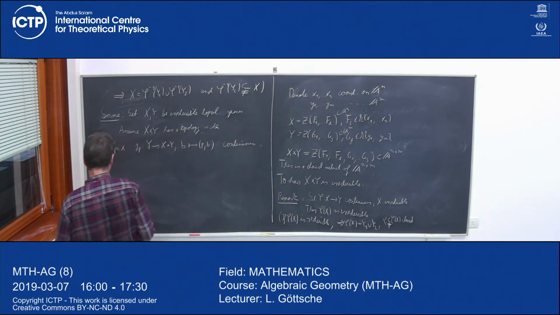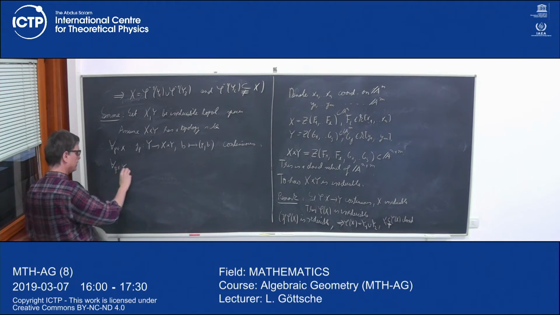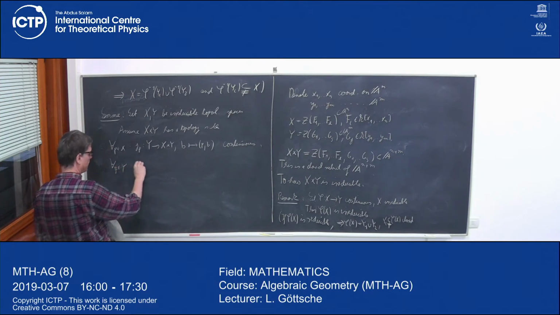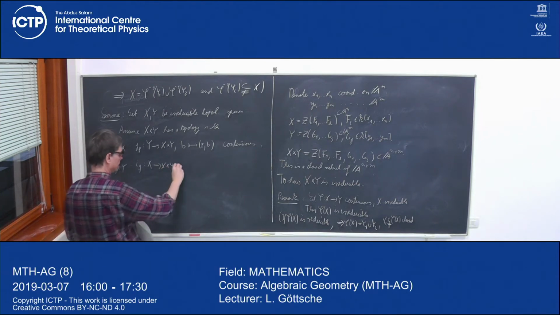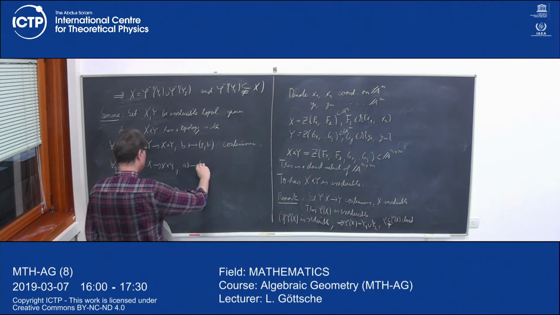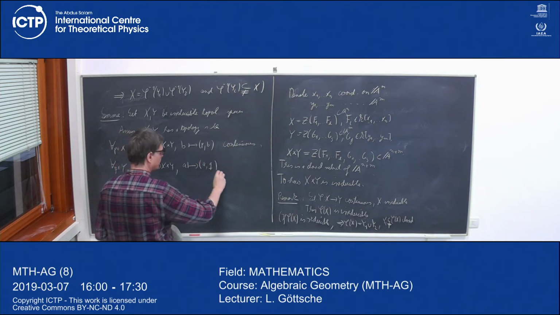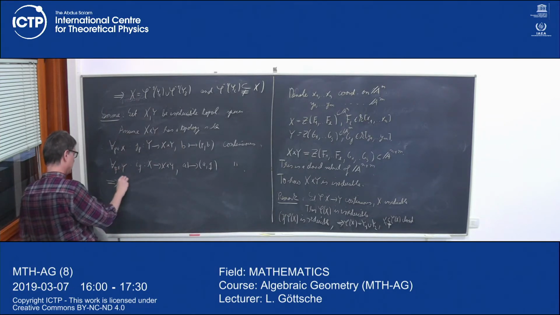And the same for the other one: for all q in Y, the map i_q from X to X times Y, which sends a to (a, q), is also continuous. Then it follows that X times Y is irreducible.